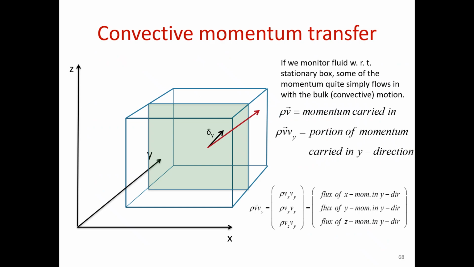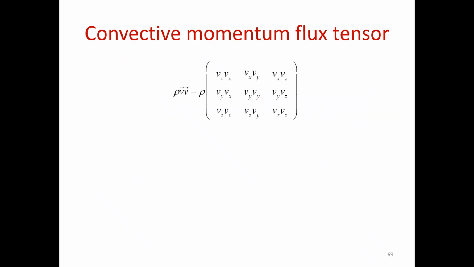So this is my rho v multiplied by vy. And you've guessed it, I will assemble these into a matrix and add them to everybody. So this is my convective momentum that is carried into the volume with different fluid particles. So now we have molecular and convective.